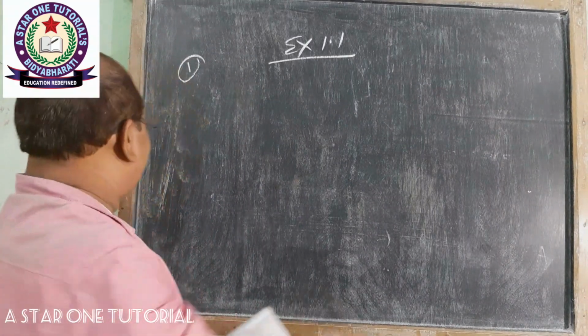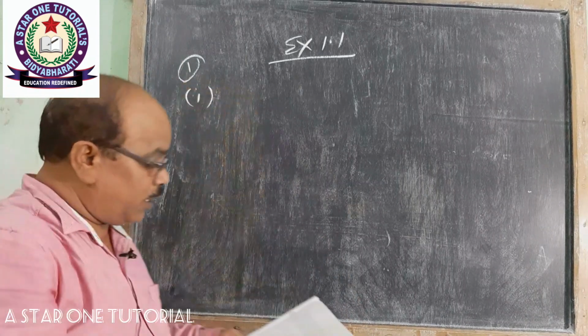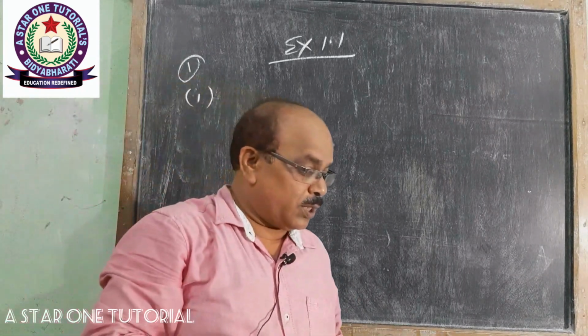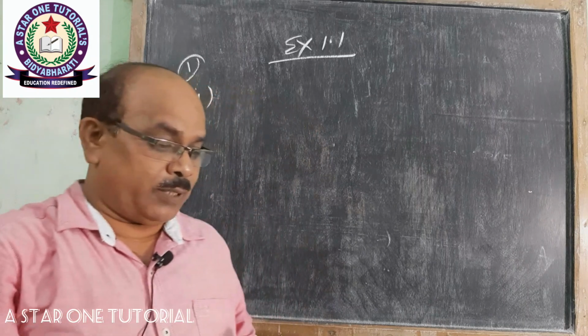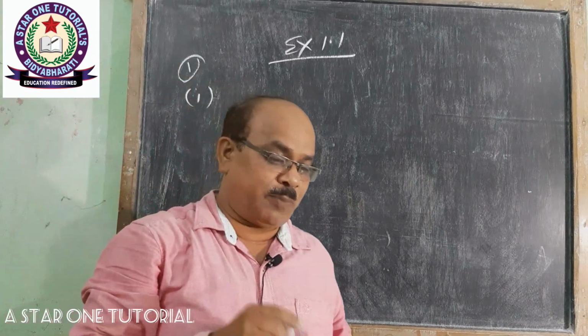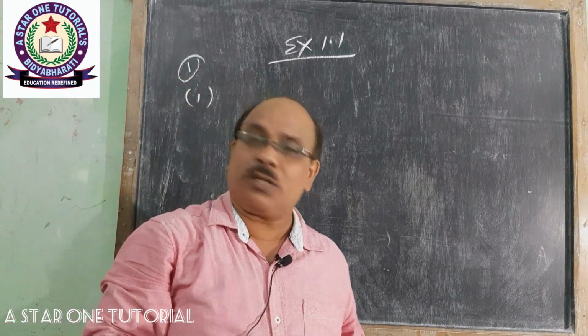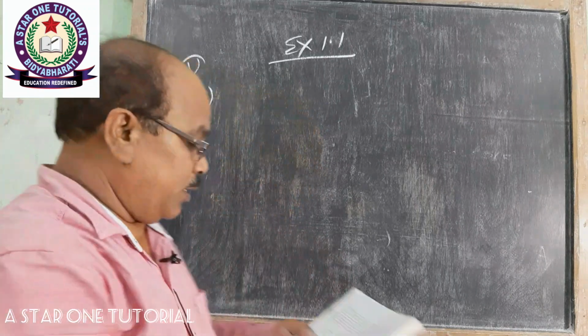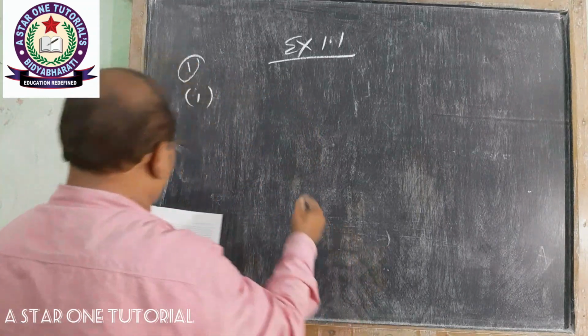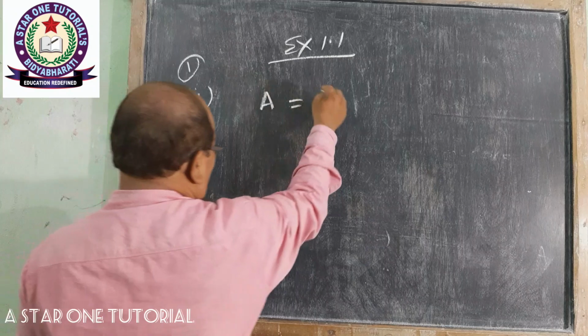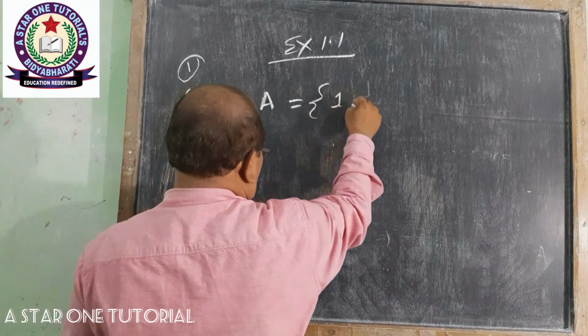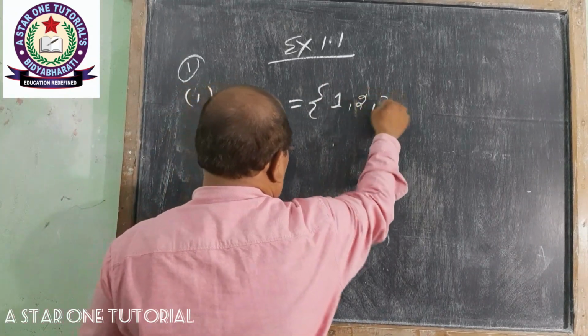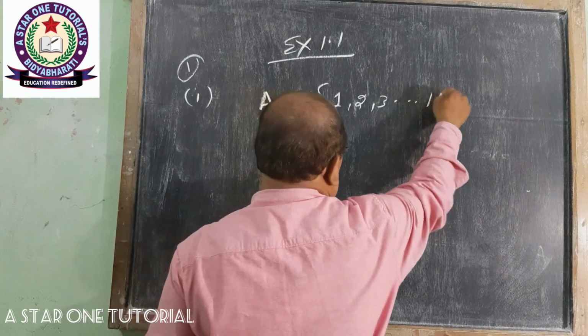It says that you have to determine whether the given relation is reflexive, symmetric or transitive. You are given that the set A is equal to {1, 2, 3, ..., 14}.